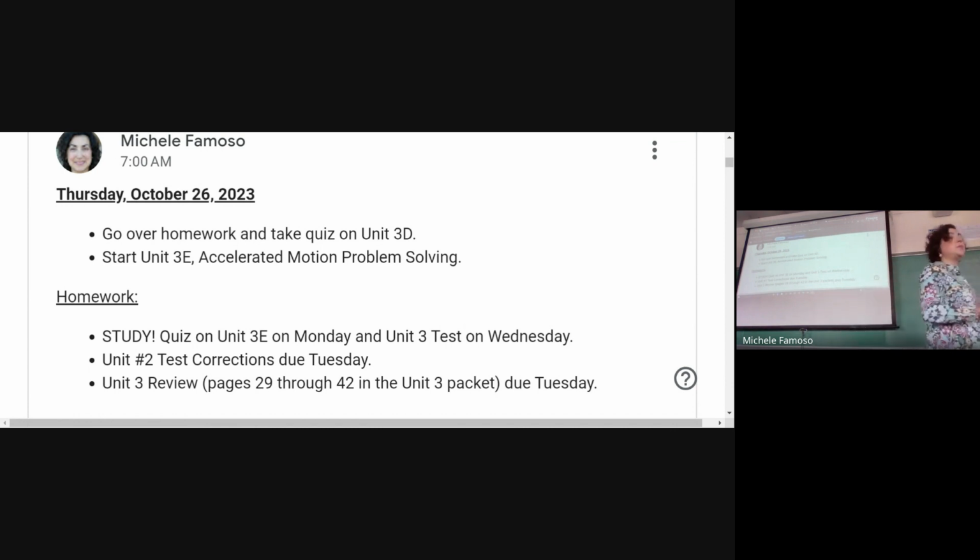Come around and check those 3 pages in your packet: 18, 19, and 22.